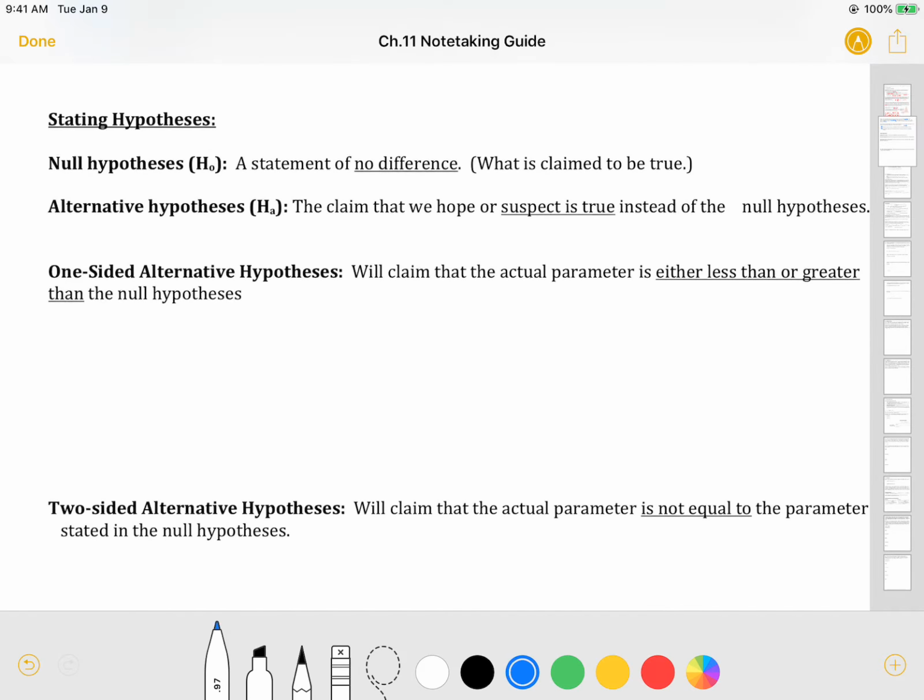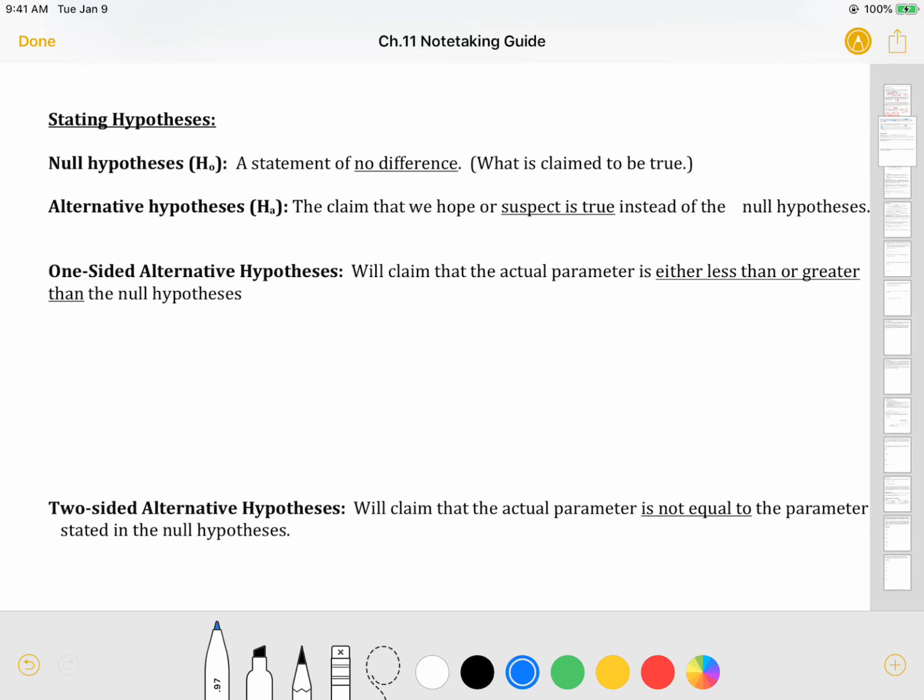Now we're going to talk about how to set up some hypotheses. Whenever we start an inference process, we always start with step number 1, stating the parameter and then stating our hypotheses. I say hypotheses plural because there are going to be 2 of them: the null and the alternative hypotheses.